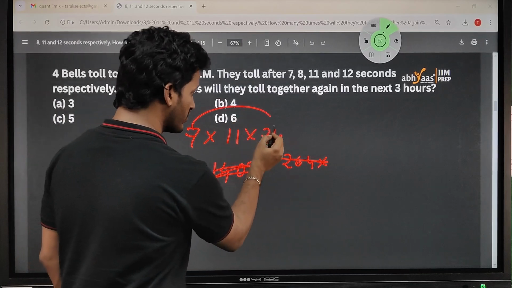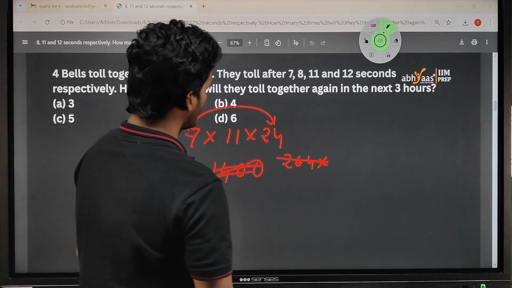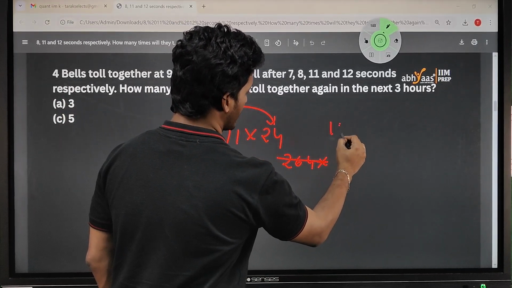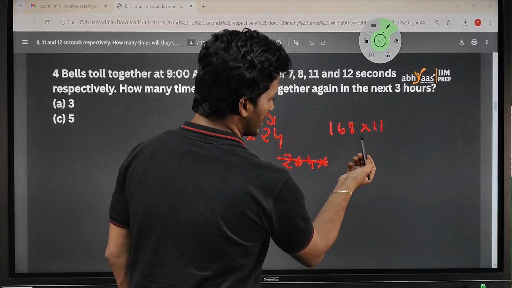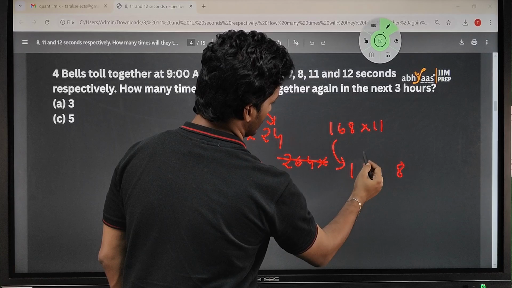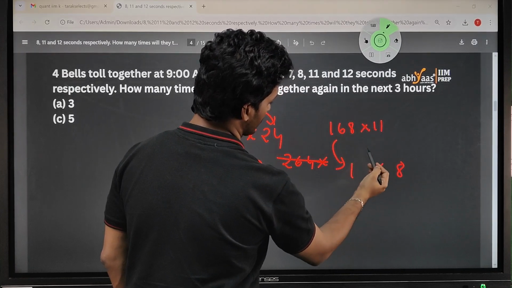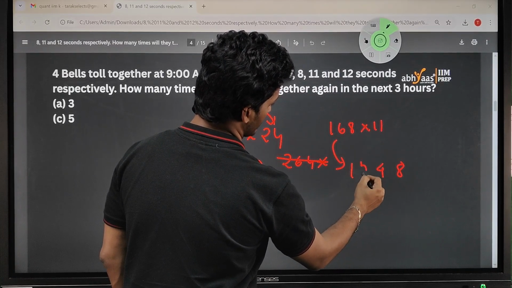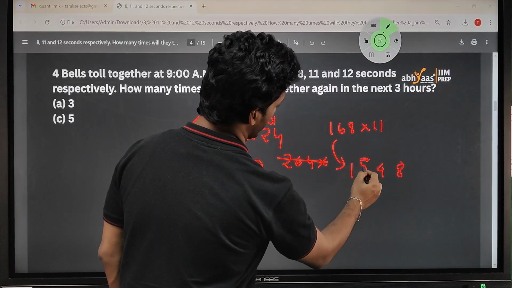I'll multiply 7 and 24 first, which gives 168. Then 168 into 11 will be easy for me. So it is 1848.